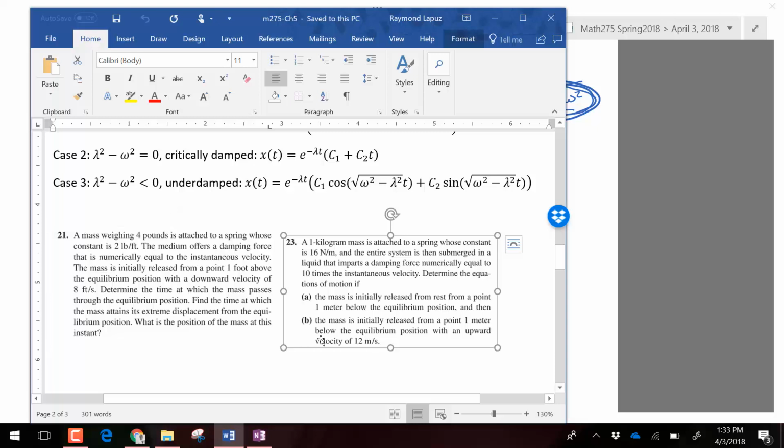Or we could just stay with kilograms. In the exam, I could put all the questions in kilograms and the metric system.